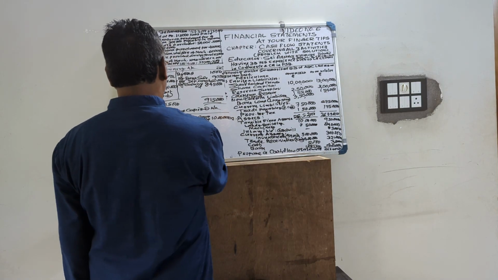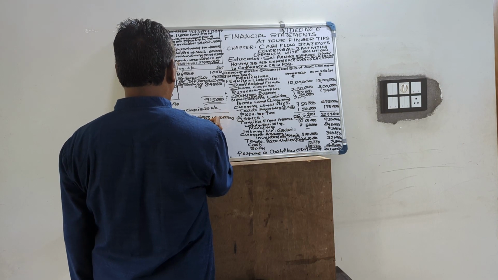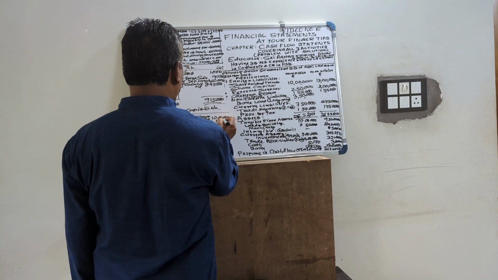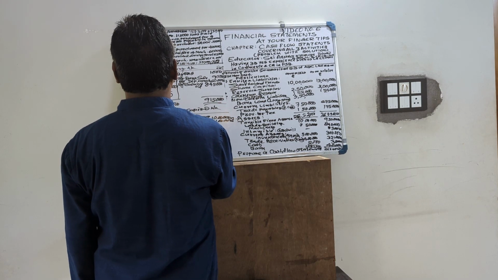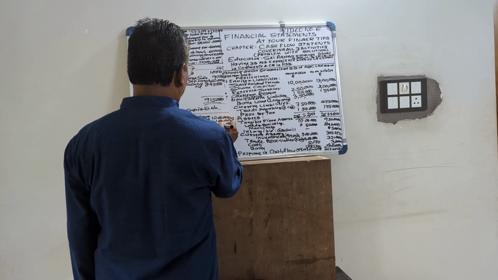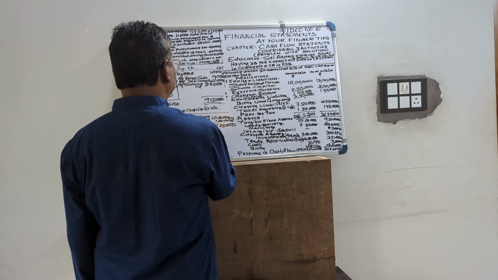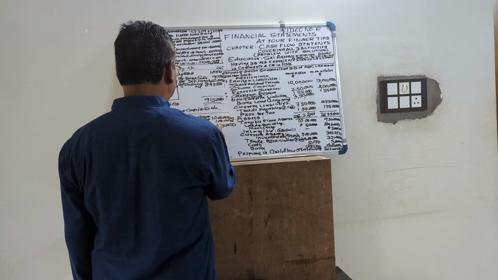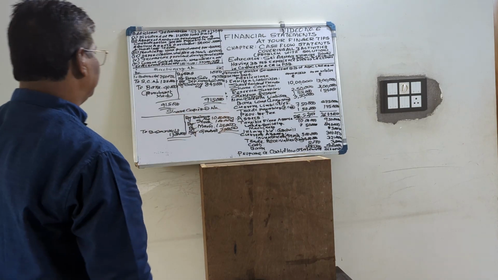So on the credit side write by stock 1 lakh. By purchasing the asset, we issued 3 lakhs share. By machinery 1,25,000. By goodwill, that is the balancing figure of 3 lakh, that is 75,000. So it is 13 lakh. So there is issue of share in lieu of assets.